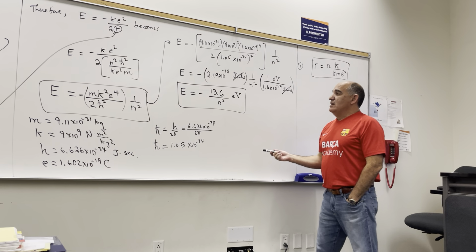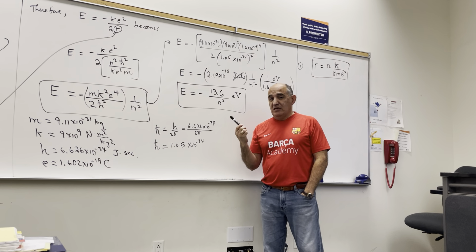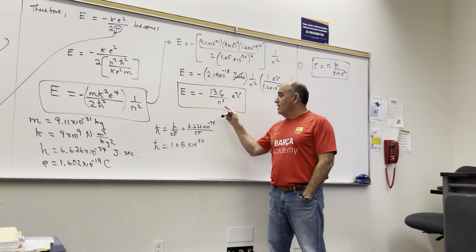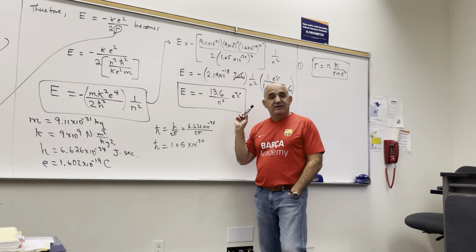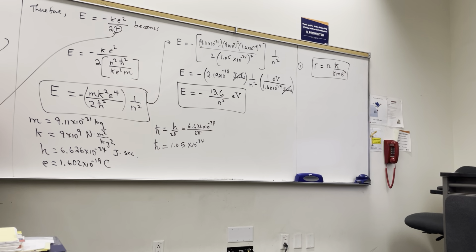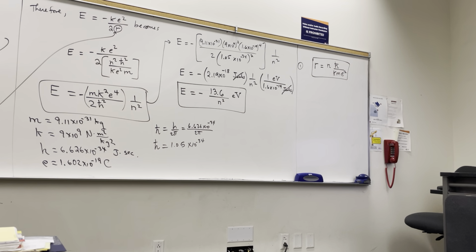So notice, according to Niels Bohr, the energy of the electron only depends on the value of n, where n is either 1 or 2 or 3 or 4 or 17 or 27 or 1,000 or 357, a positive integer, right?